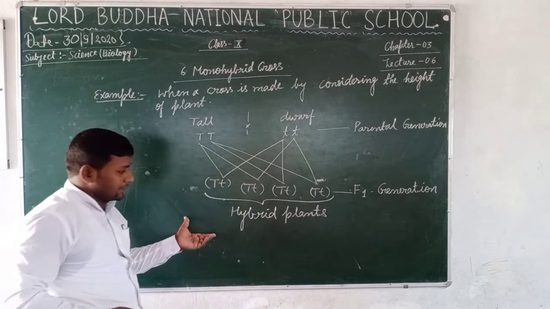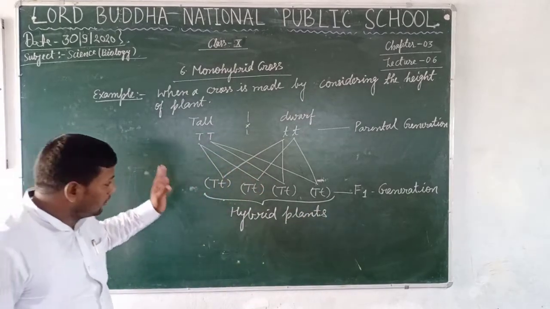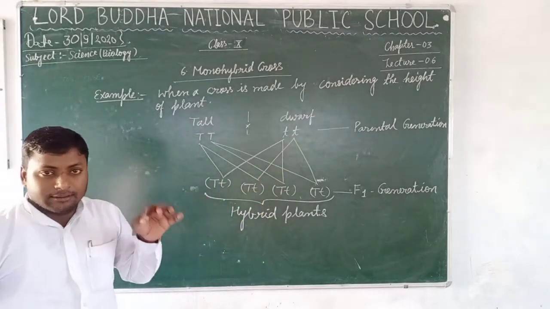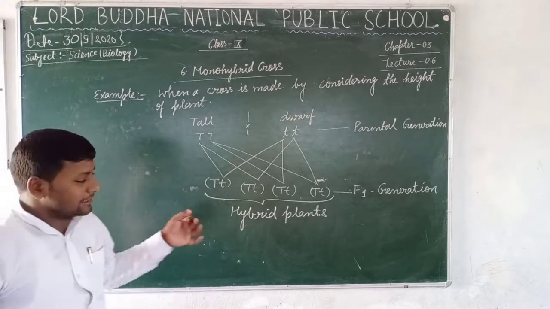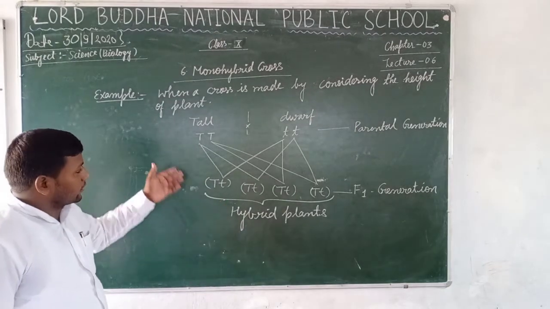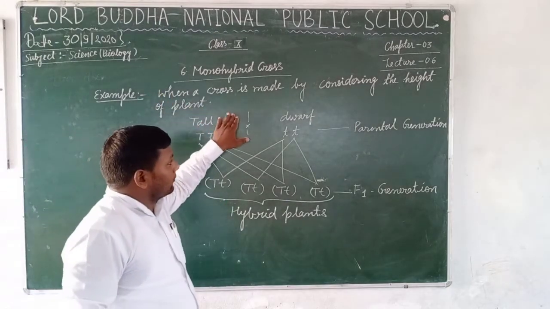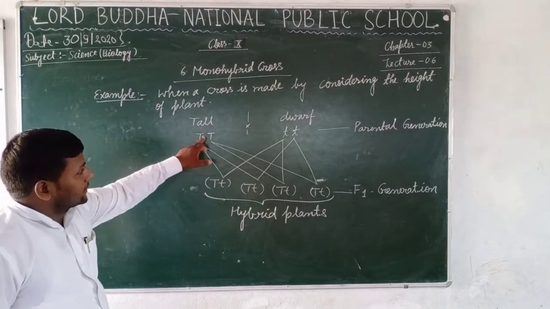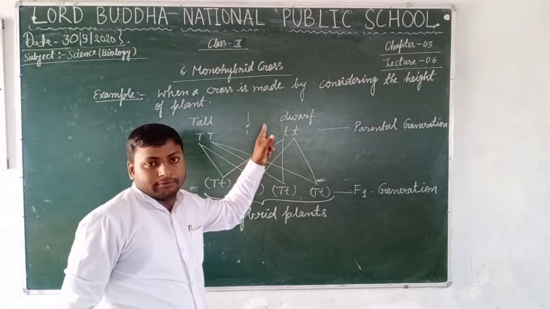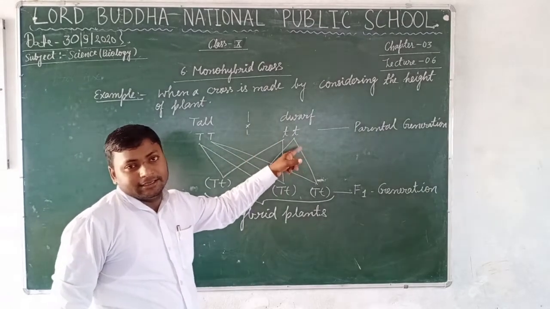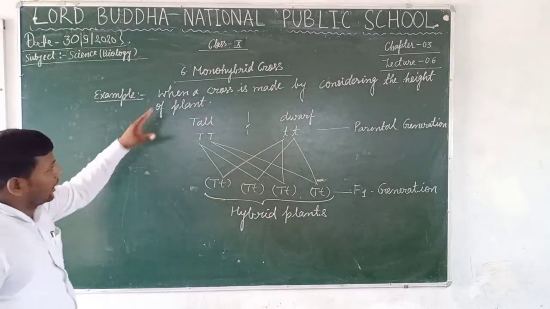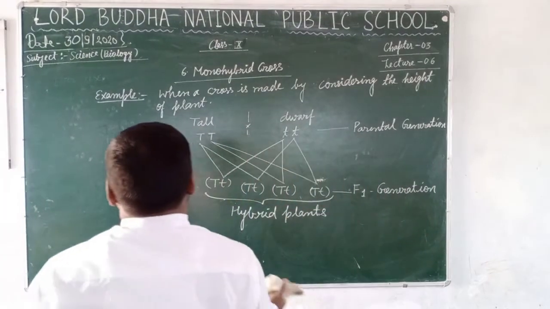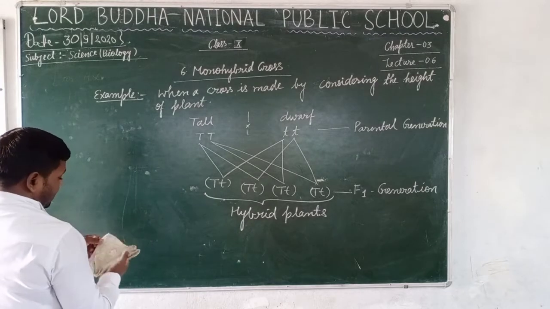Morphologically or phenotypically, all these individual plants obtained are tall in height. It means their stems are tall. So students, such a type of cross hybridization by considering a single kind of contrasting characteristic is said to be a monohybrid cross. Now we are going to discuss the dihybrid cross.